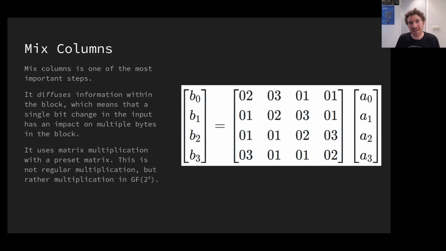And multiplying a matrix means something specific. It's not just regular multiplication. But this is not even regular matrix multiplication, because this is matrix multiplication using multiplication inside this Galois field, GF(2^8).